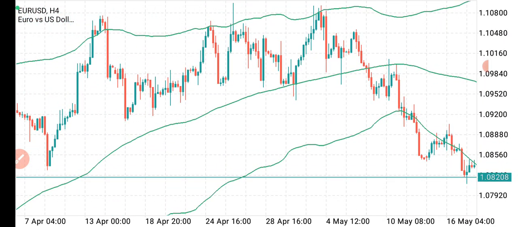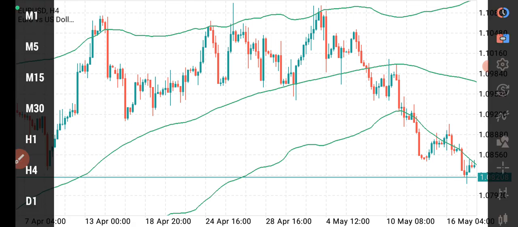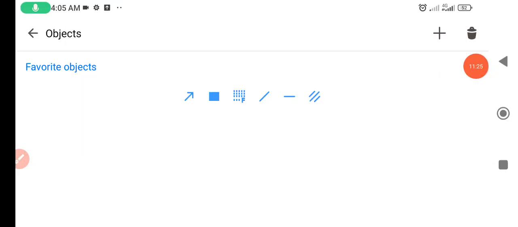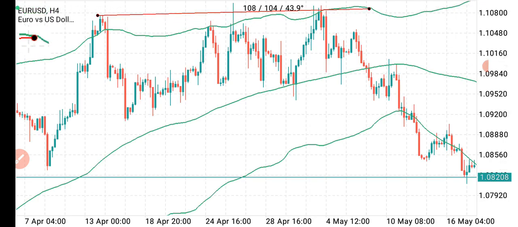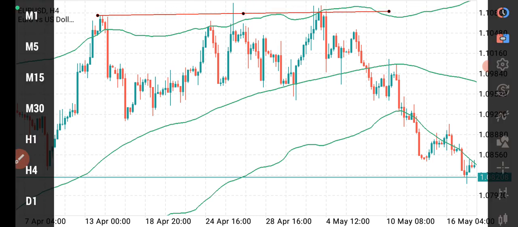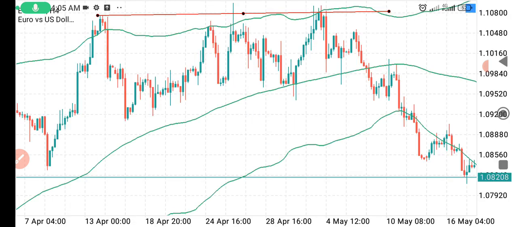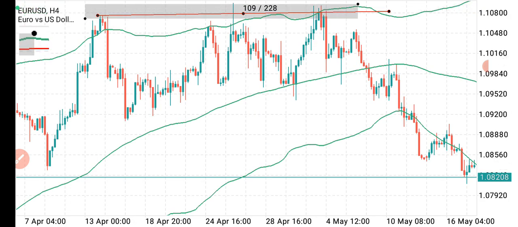And what am I trying to say? Let's say, for instance, I marked out this zone as my resistance level. Let's assume this is my point of resistance.